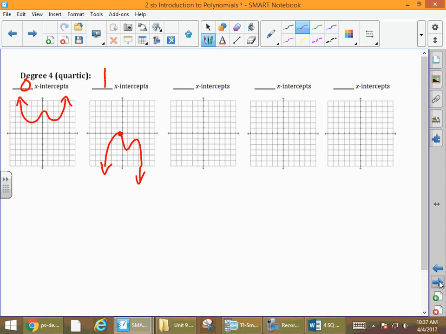Well, 0, 1, 2. We crossed here and we crossed there. We could do 3, and I'm trying to switch it up a little bit. I'm just trying to see if I can do it.